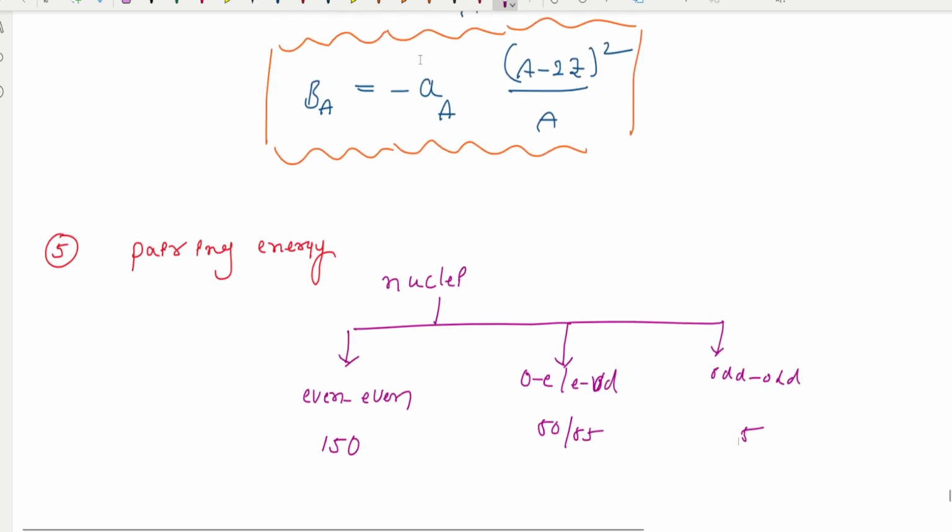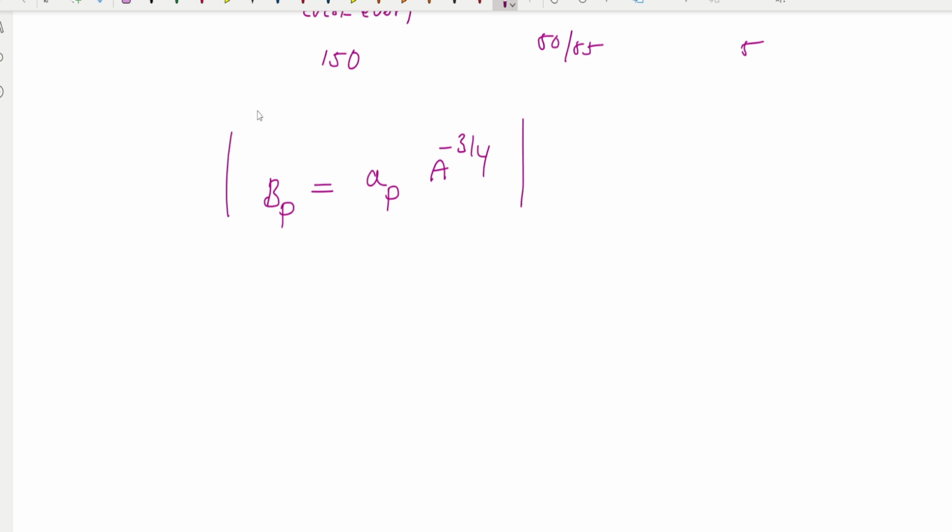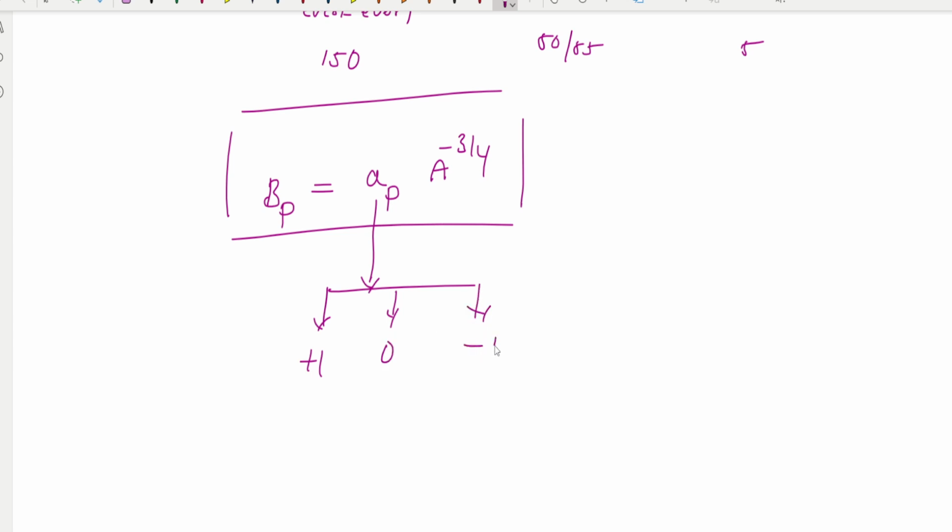So the pairing energy term is B suffix P equals a suffix P A power minus 3 divided by 4. This is the pairing energy term. Here the coefficient a suffix P we can write in three terms: one is plus 1, another is 0, another is minus 1, depending upon the pairing. We will discuss these terms later.